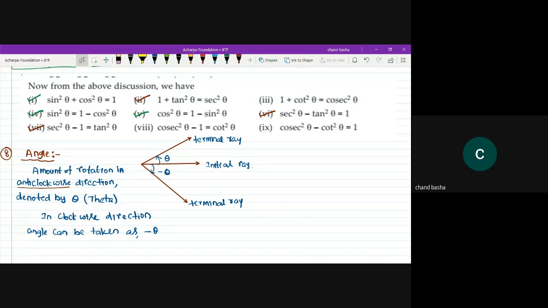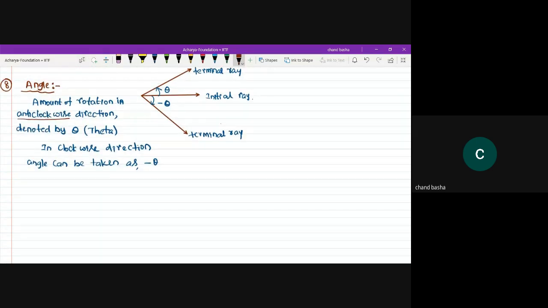Point number 9, coordinate system: trigonometric ratios and their position in the coordinate system. Let's see, we have 4 quadrants.